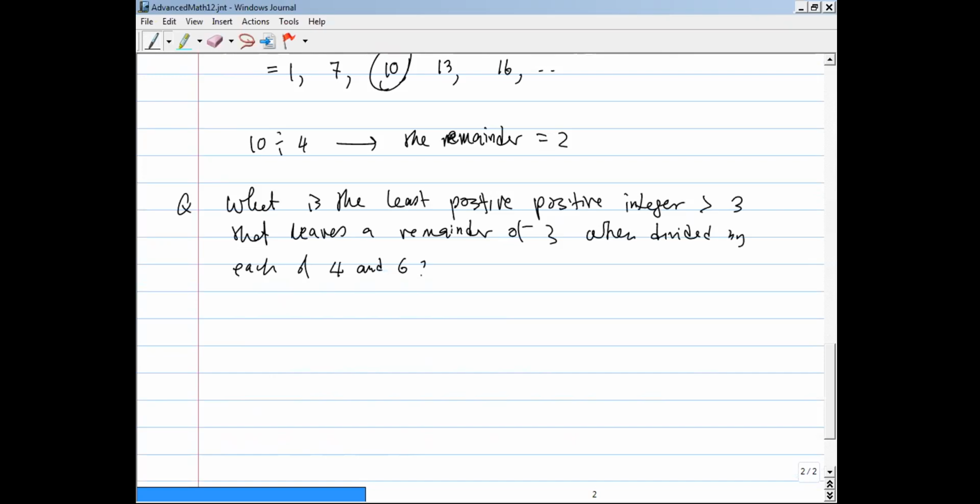Okay, so it's divided by 4 and divided by 6 each time, and you get a remainder of 3.